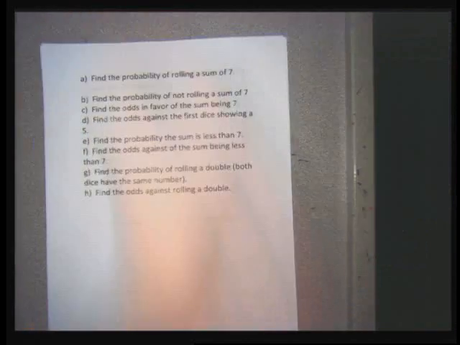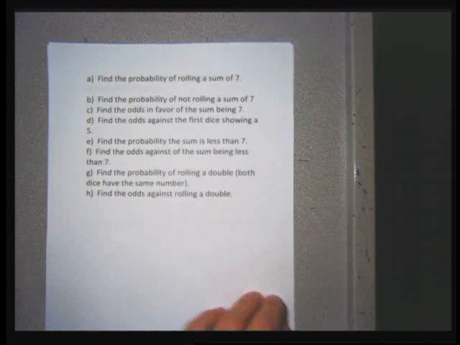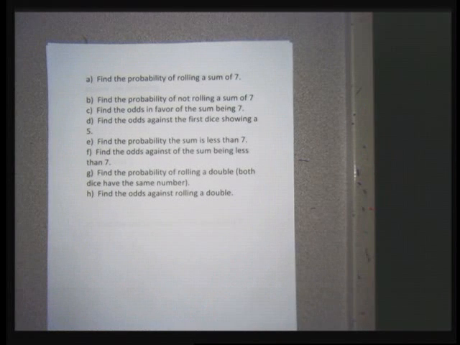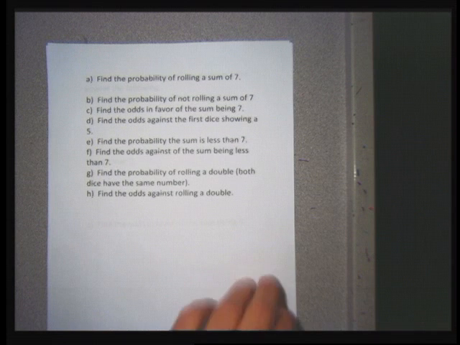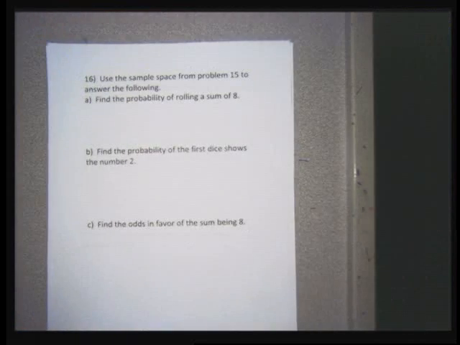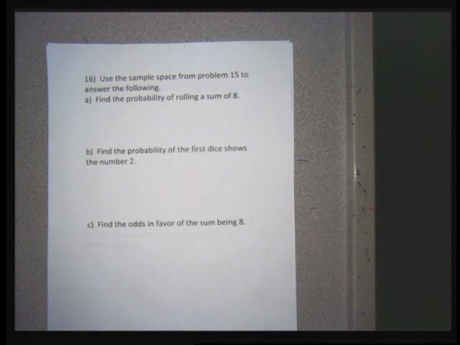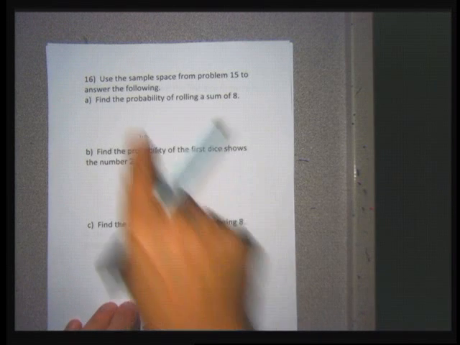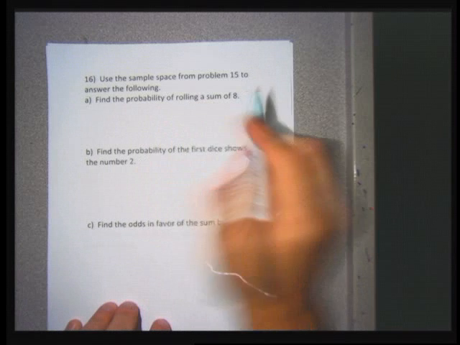So problem 15 is yours, so you probably have to rewind back to it because I'm going to do problem 16, and you might not be able to do problem 15 at all until I get my work done. So for 16, I'm using the same sample space, and find the probability of a sum being an 8.